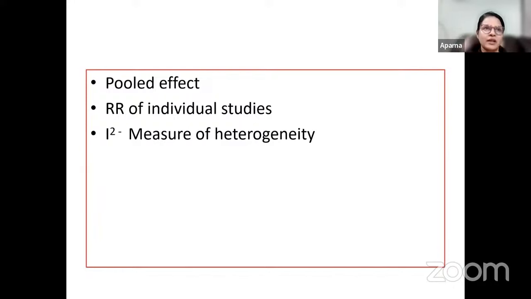High heterogeneity can be in the population, in the intervention tested, in the co-interventions, or in the type of measurement used for the outcome. So when heterogeneity is very high, it reduces the confidence in the total inference of the forest plot. And then we may also have to use something called the random effects model in preference to the fixed effects model if heterogeneity is very high.